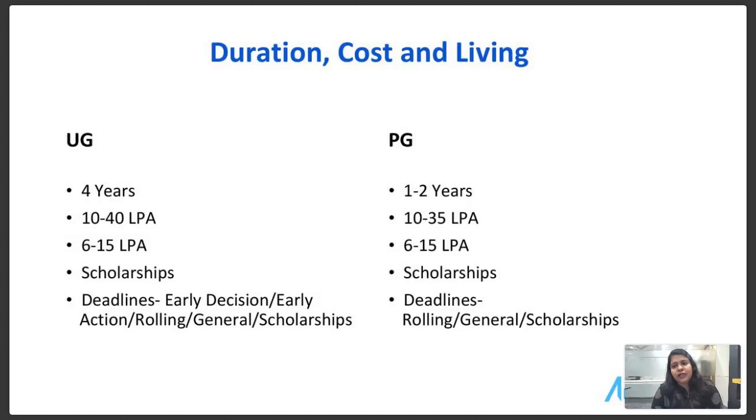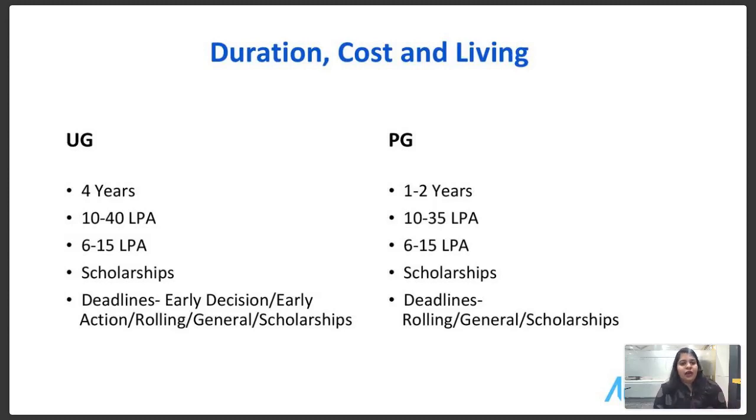Deadlines. One very peculiar thing about the deadlines of US universities is that they have different types of deadlines. To give you some idea about the deadlines, which is very important for US universities, there are three types of deadlines. One is a rolling deadline wherein the enrollment never stops. Generally, these universities might have multiple intakes.